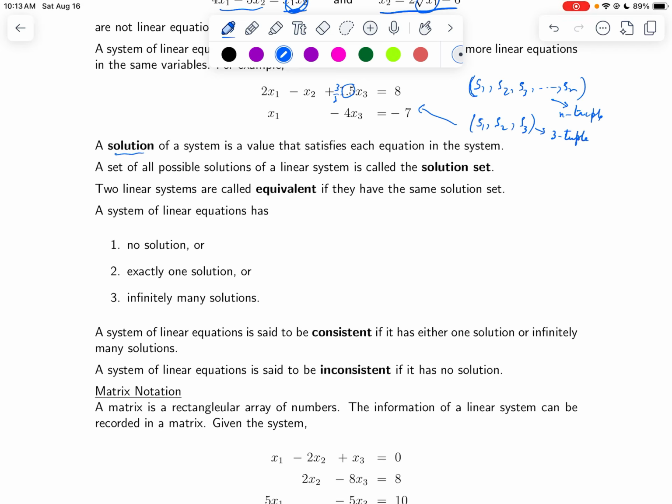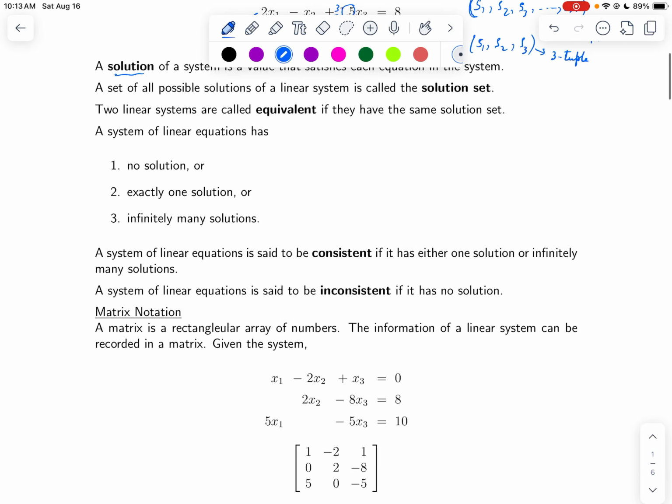We take these S1, S2, S3 and plug them into these two equations, and if it is a solution, then it must satisfy the equations. Now if we have more than one solution, the set of all possible solutions of a linear system is called the solution set.